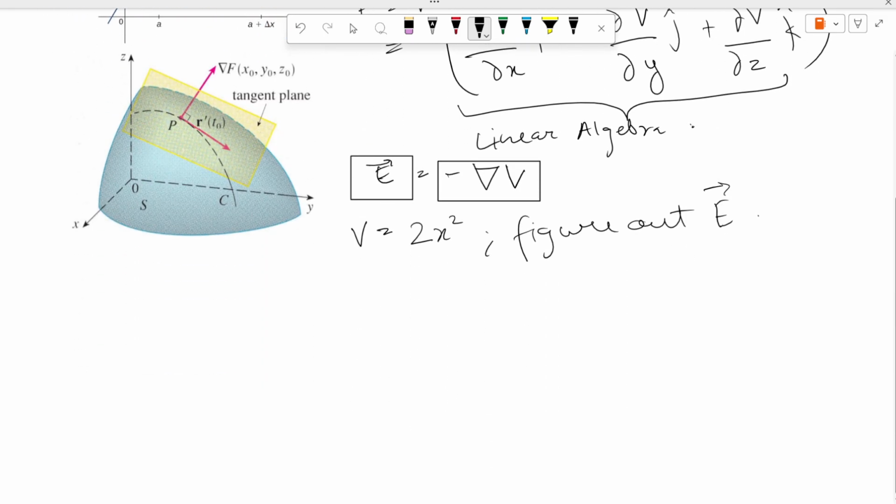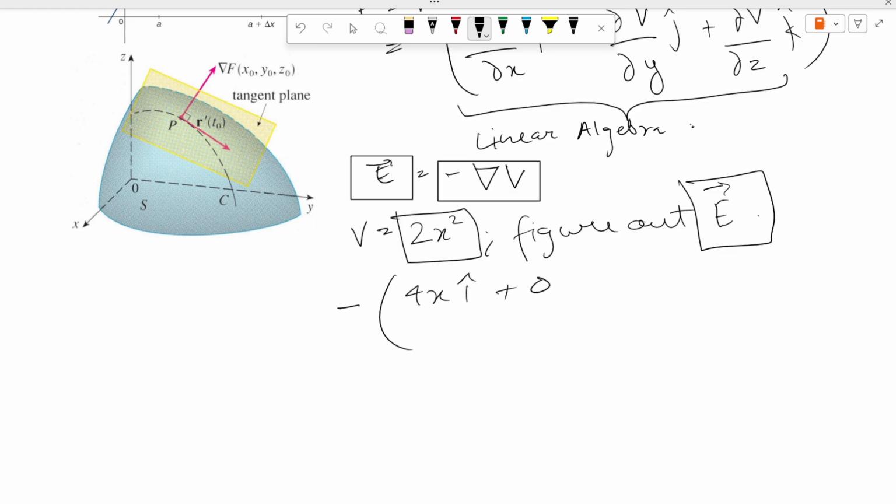Now, if we were to try to figure out E using this expression, then what we can do is we just differentiate it with respect to x. So with respect to x, it becomes 4x, if I'm not wrong. 4x i cap plus 0 j cap plus 0 k cap.